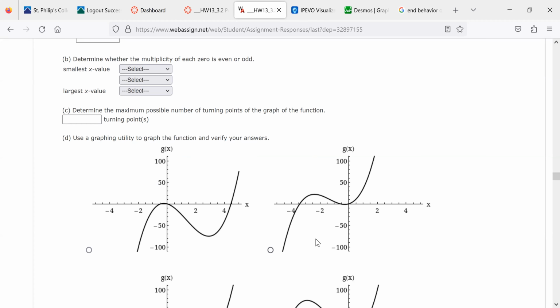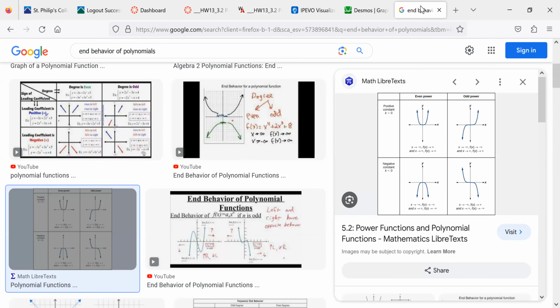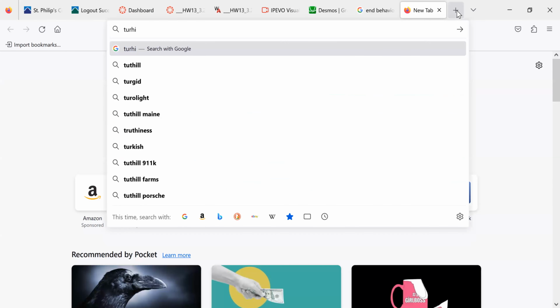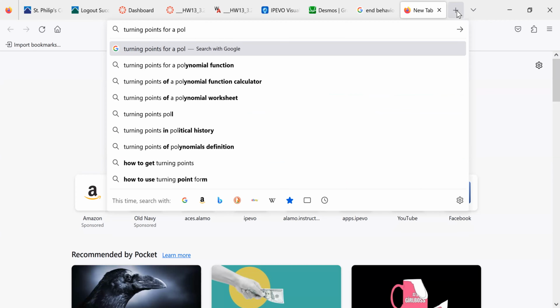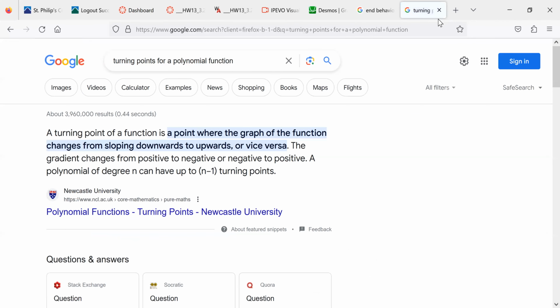So at this point, you can just graph it and figure out the turning points. But there is a formula for turning points. Let me look it up for you. Yeah, n minus 1. So basically, whatever degree you got, subtract 1.